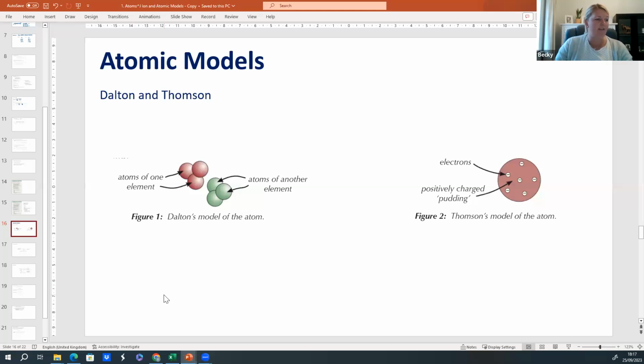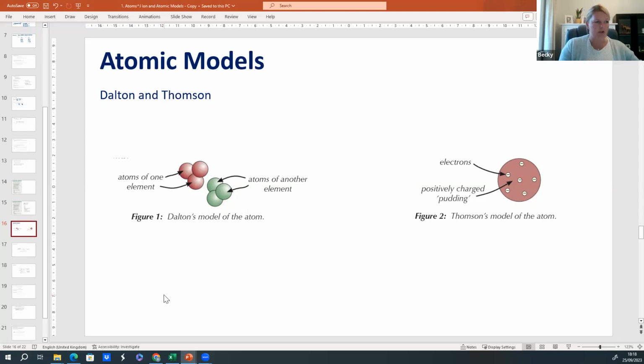Right, let's have a look then at the atomic models. So remember that Dalton was about that we had this solid, indivisible sphere. So like a marble, a ball bearing or something, you've got that solid model. However, when we discovered electrons, Thomson discovered the electrons, and therefore we had to change our idea about this, because we now knew that we've got these electrons as well.